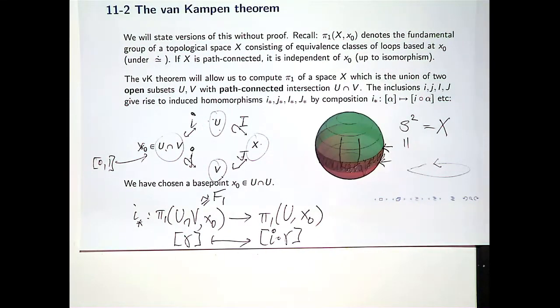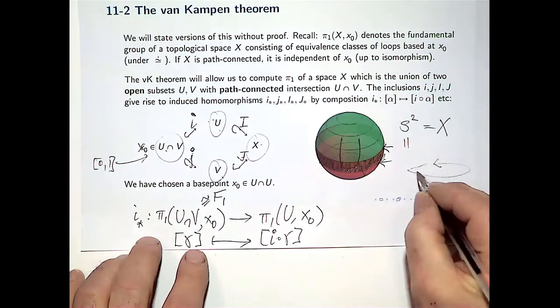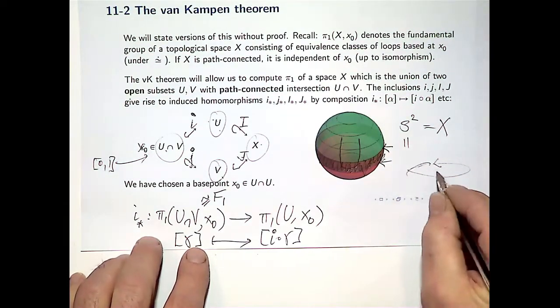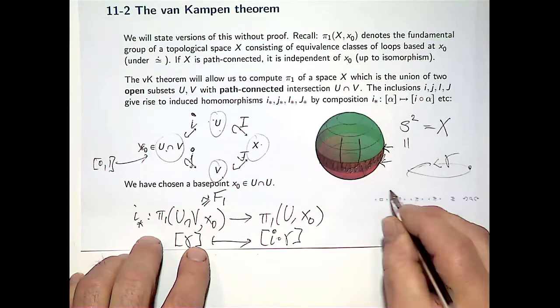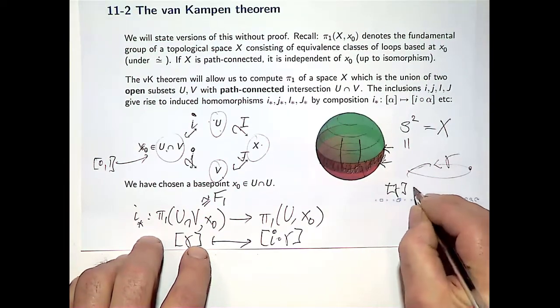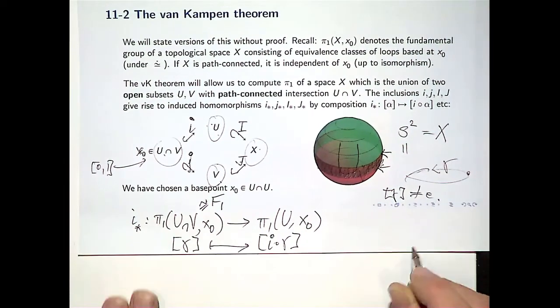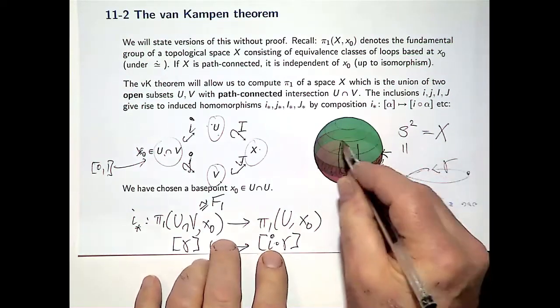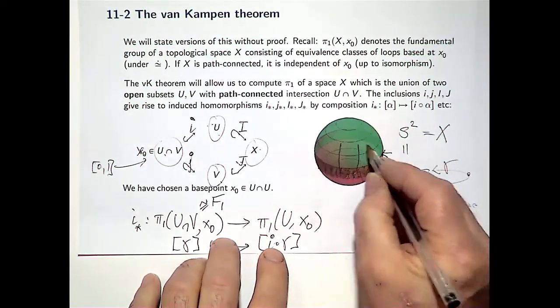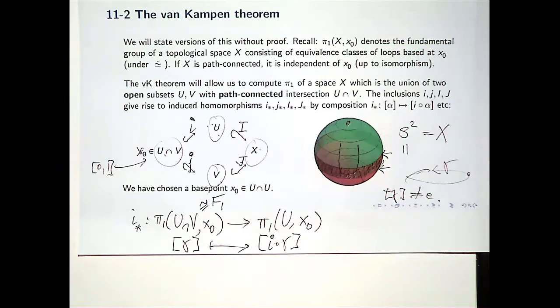So it's non-trivial, and I could take gamma to be one turn of this equator. It's not the identity. But when I include it in the upper hemisphere, which is like a disk, it's simply connected. So I can just shrink the loop up to the North Pole and it becomes the constant loop. So in this example, that map wouldn't be injective. You see that?